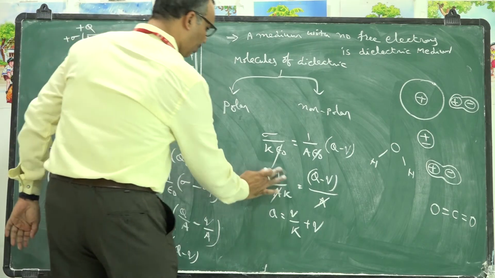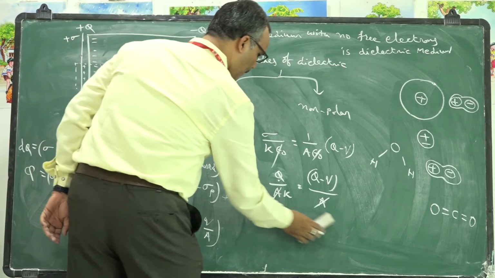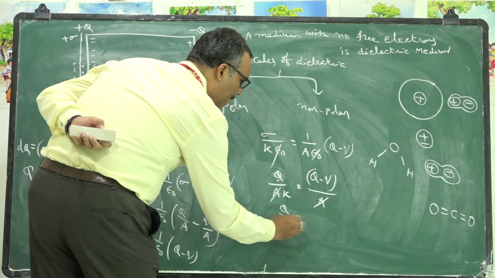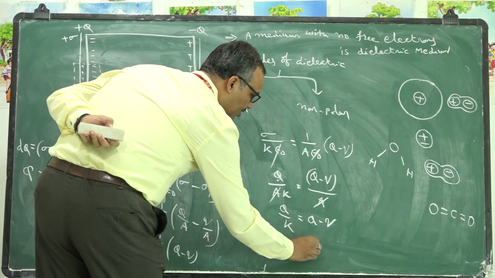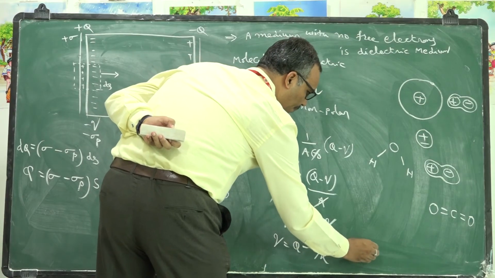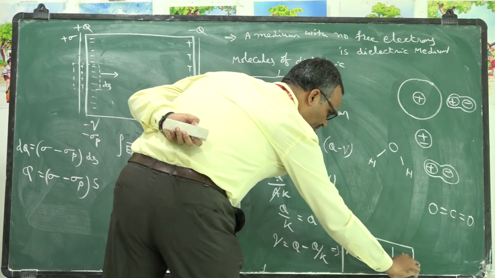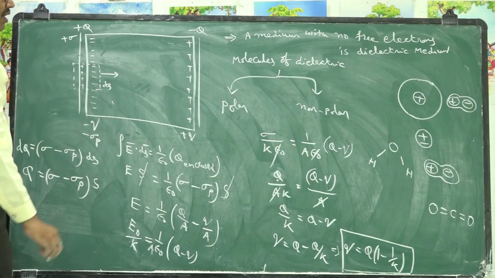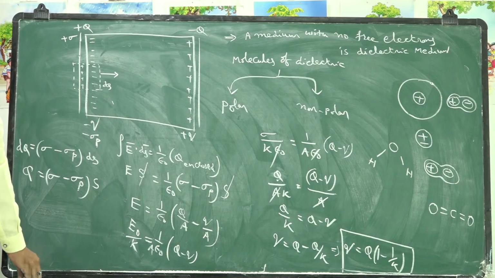So this is capital Q. Q by K is equal to capital Q minus small q. Small q is equal to capital Q minus Q by K. It becomes q is equal to capital Q into 1 minus 1 by K. Very important relationship. The induced charge and the applied charge are related by small q is equal to capital Q into 1 minus 1 by K.